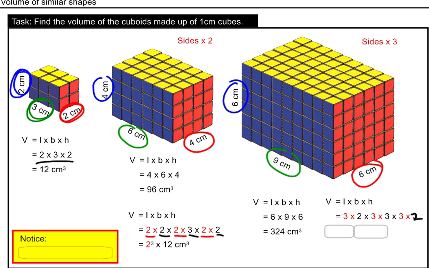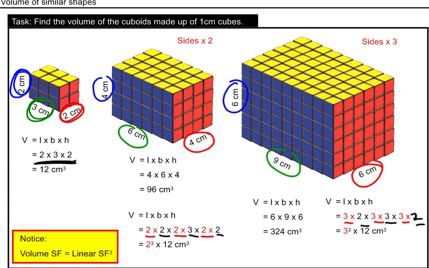So, notice 3 times 3 times 3. I've got 3 cubed times 2 times 3 times 2 times my original volume. I've got 3 cubed times 12. We can say our volume scale factor is just our linear scale factor cubed.